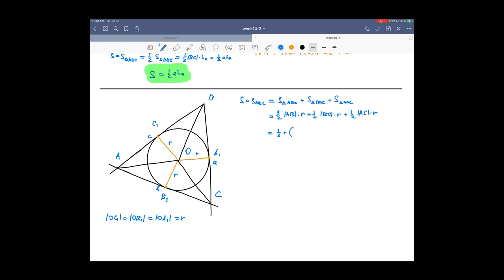Now AB is simply c, BC is simply a, and AC is b. And of course, if I write this as r times (a plus b plus c) over 2, I see that this is p. All right, so that proves the second formula.